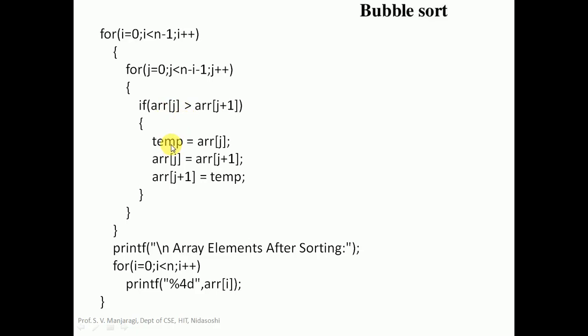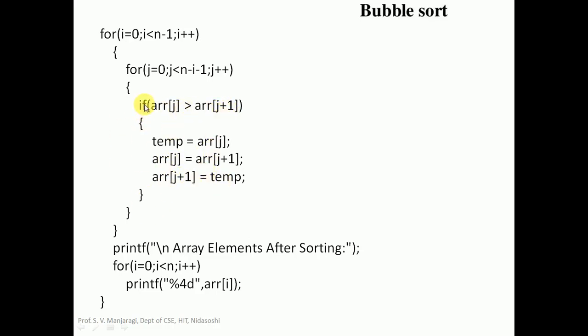We take temp equal to array of j. The first element is stored into the temporary variable, and array of j is made equal to array of j plus 1. The next element is stored into array of j, and we make the next element equal to temp. Like this, the swapping of array of j and array of j plus 1 is done here.